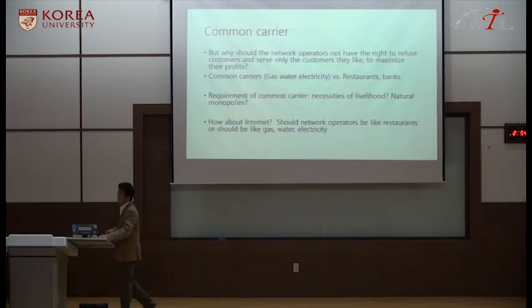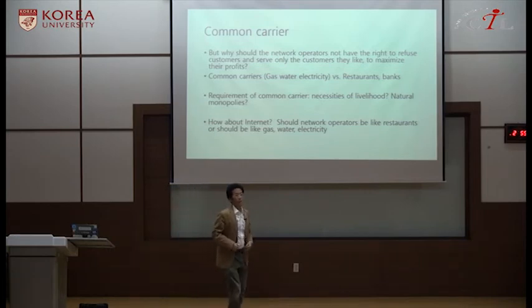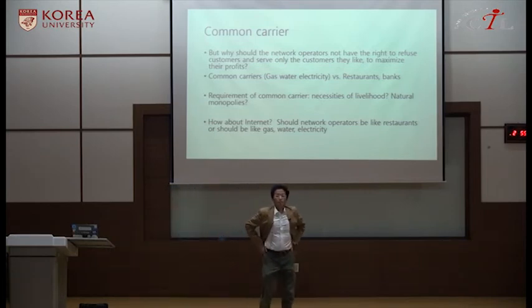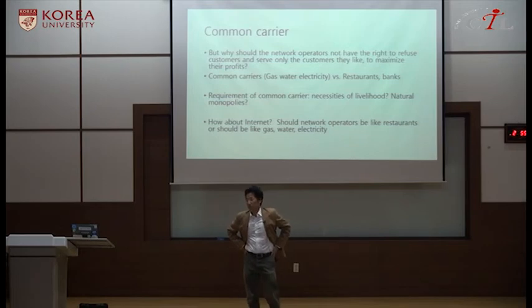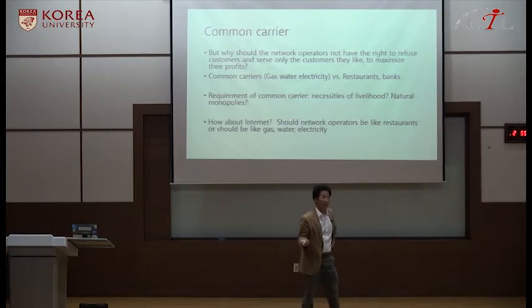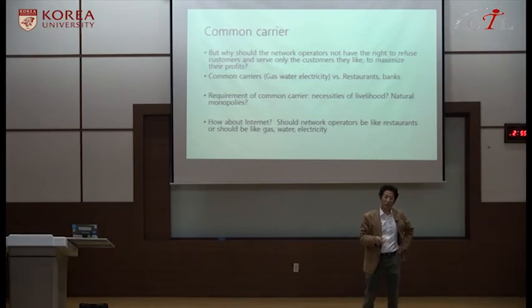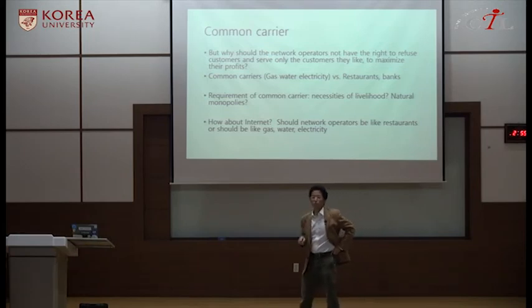Okay? These are common carriers. What other common carriers are there? Buses. Okay? Subways. Airlines. They never ask you why you are getting on the bus, train, or the plane. They are not supposed to discriminate where you are going.